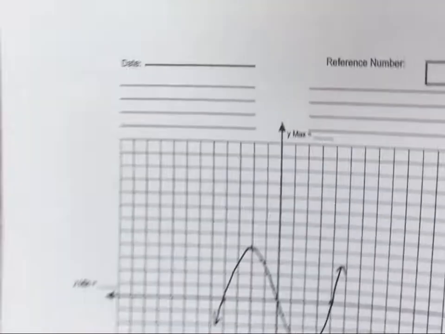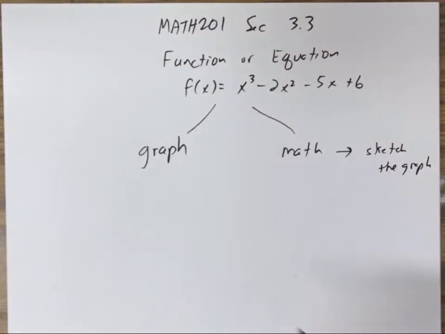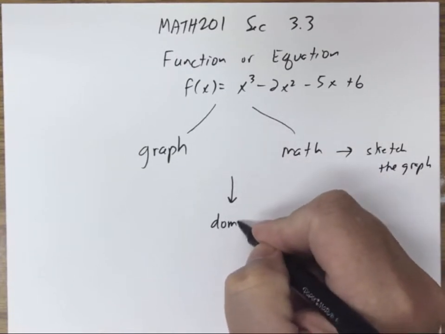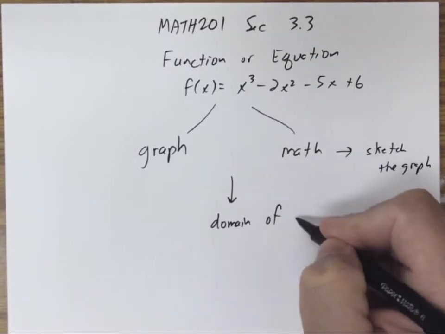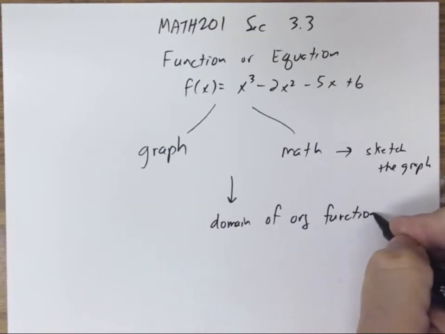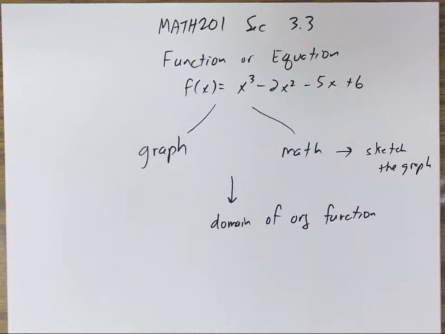So the first thing that we oftentimes will be looking at is the domain of the original function. Okay, once again, domain, I like to define domain as all the possible values of x. Or another way to think about it, think of the opposite. Are there any numbers that x cannot be?